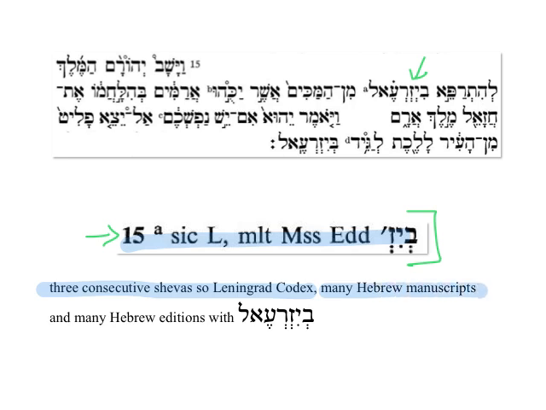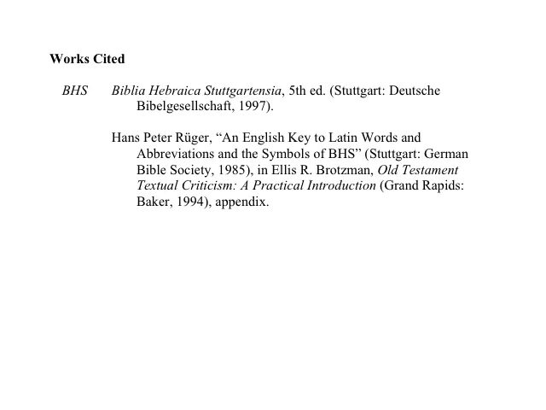Many Hebrew manuscripts, however, and many Hebrew editions have V'Yisrael. And so putting it in straightforward English is probably the way to go. The student will find the normal English key to the Latin words in the front of any BHS, and then Bratzmann, in his appendix, has an especially helpful version of it.